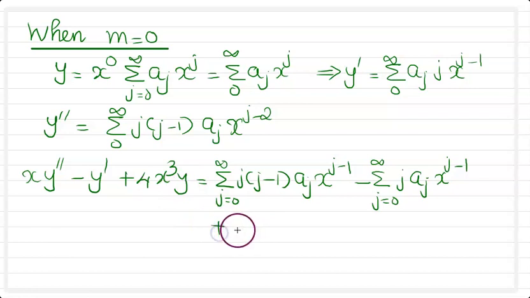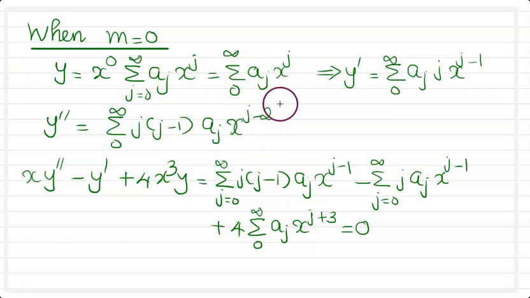that is plus 4 into x cube into y is the series summation over j varying from 0 to infinity aj into x raised to j into x cube, that will be x raised to j plus 3. This will be equal to 0 since we assumed that y is a solution of the given differential equation.